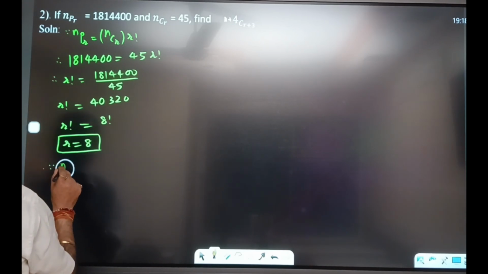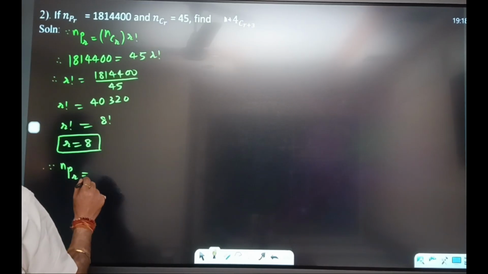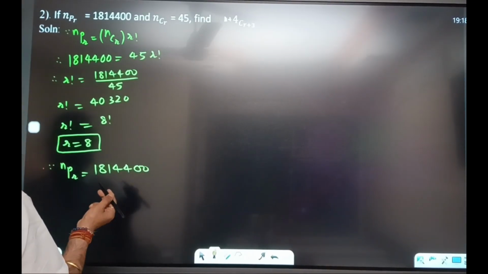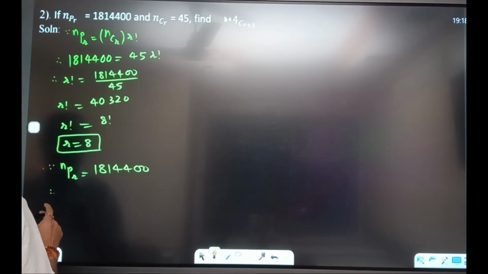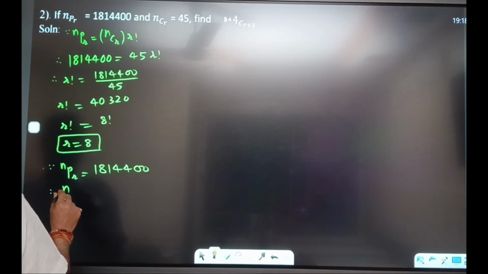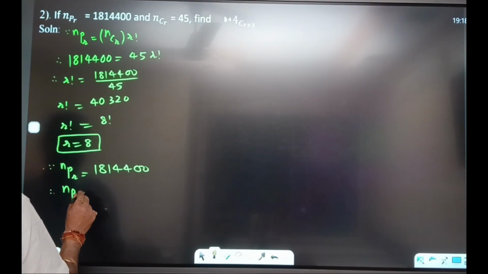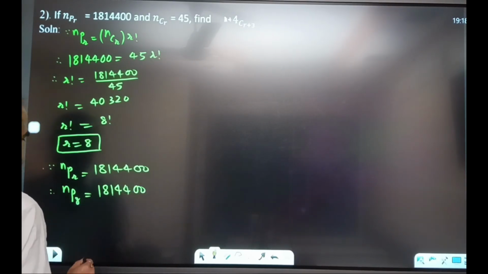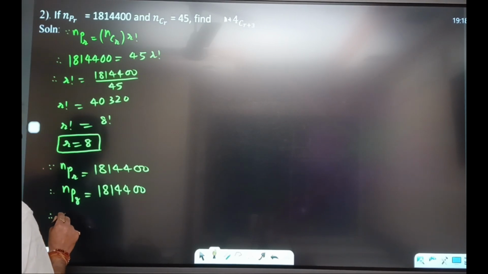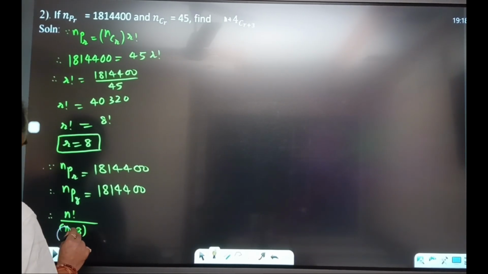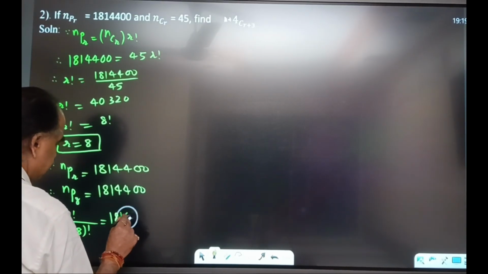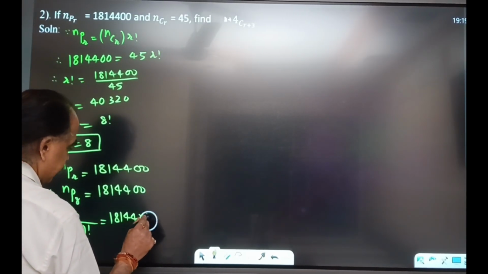Since nPr is 1814400, therefore nP8 is equal to 1814400. n factorial upon (n minus 8) factorial is equal to 18144 into 100.